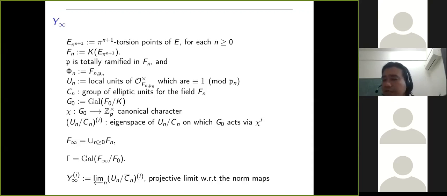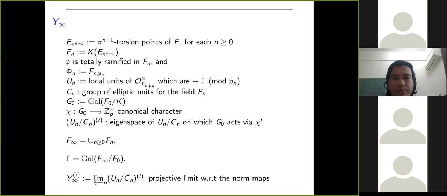It's a bit technical for me to define what elliptic units are. But they are going to be defined by taking a Weierstrass model for E, and I'm going to look at the x-coordinate of certain points, and it's going to be defined relative to an ideal inside O. Let me just leave this definition for a while.